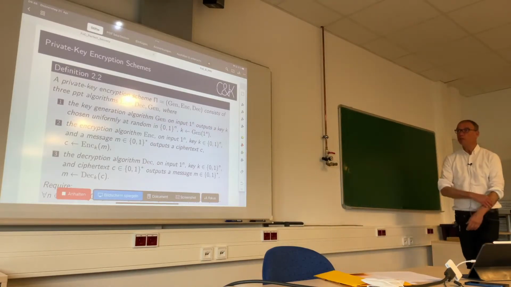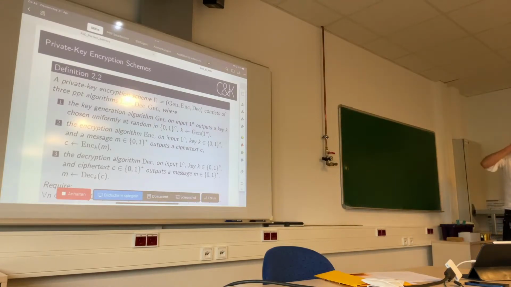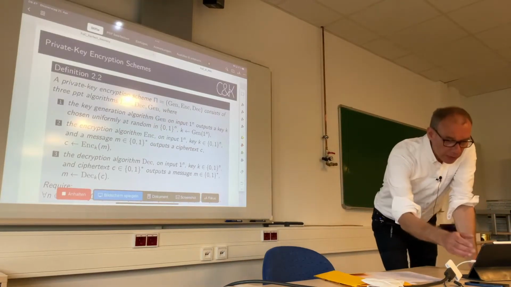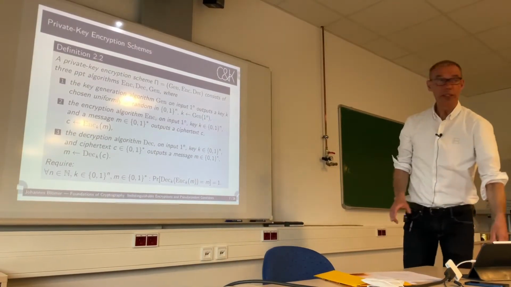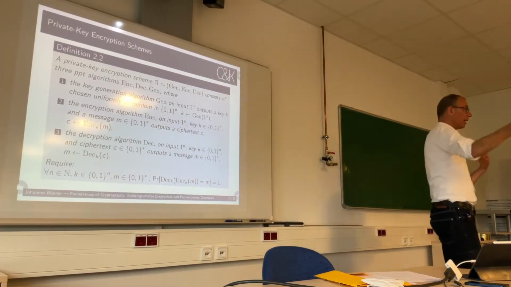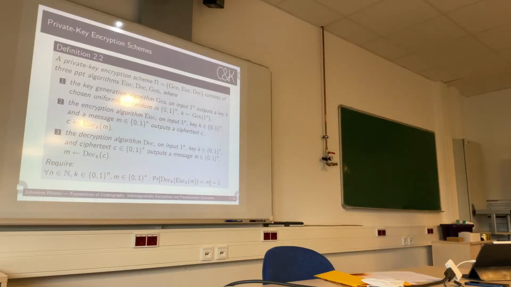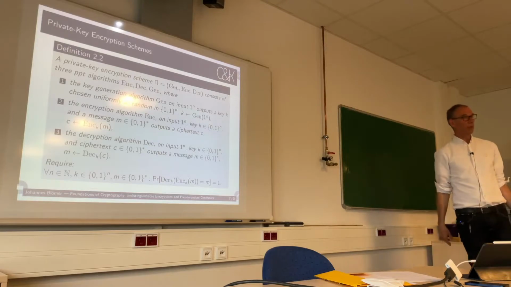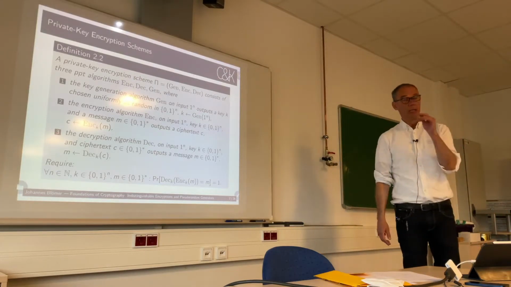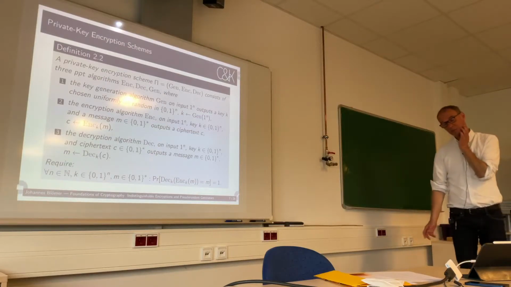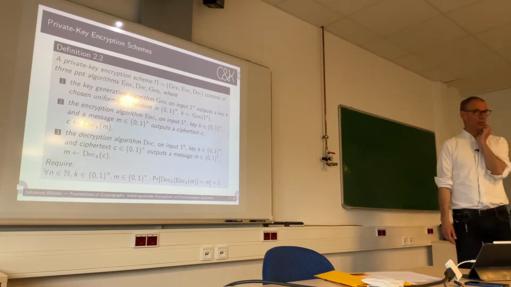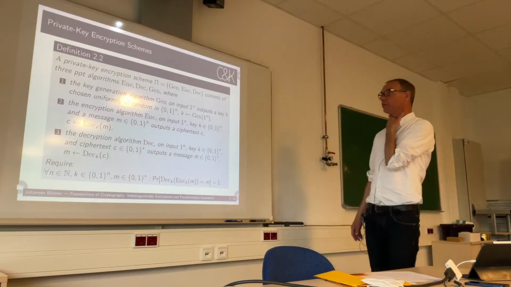But first, I will give a refined definition of a private key encryption scheme that takes into account all these polynomial time things and security parameters. It just fills in some of the details that were not necessary for the perfect secrecy, and actually historically those things only showed up much later.